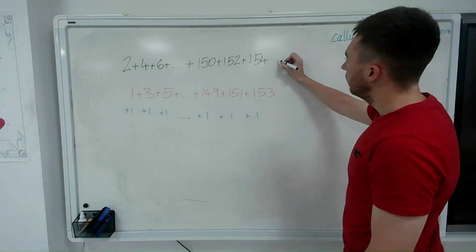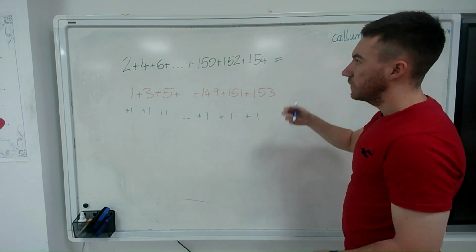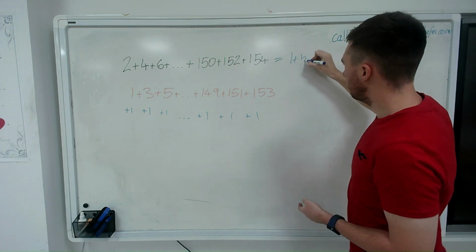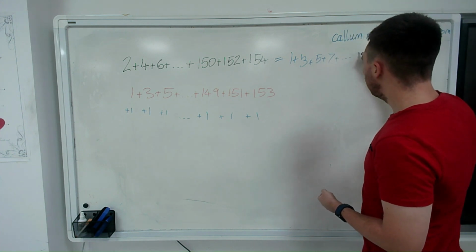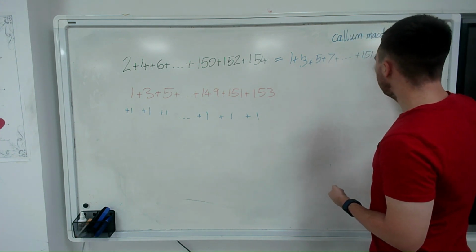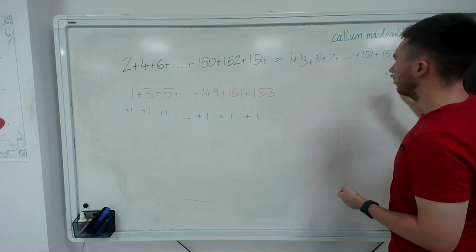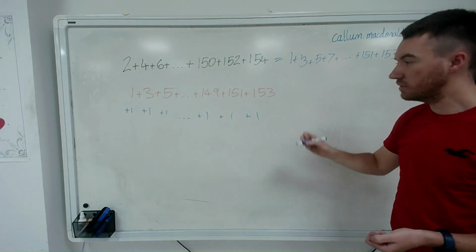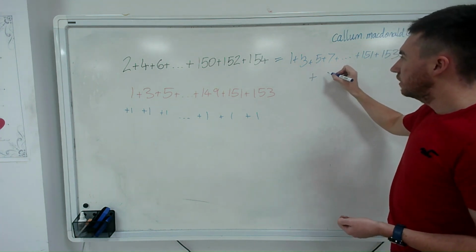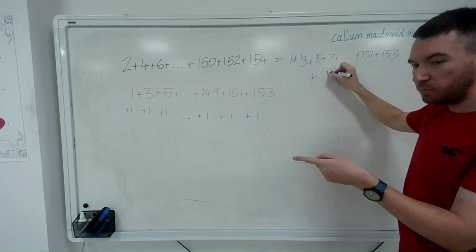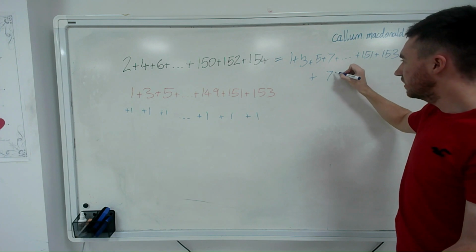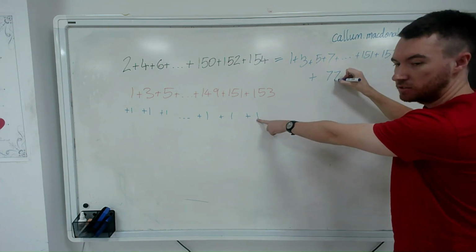So this is 1 plus 3 plus 5 plus 7 dot dot dot plus 151 plus 153 plus the number of terms, which we know from before is 77.